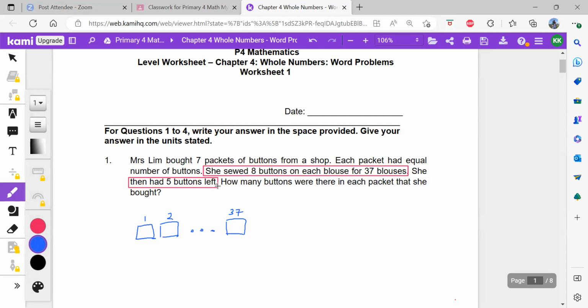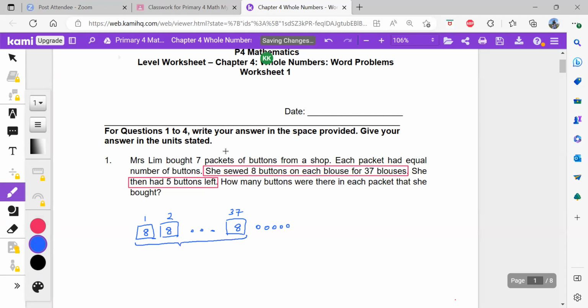And each blouse, I have 8 buttons. And after I had 8 buttons, I have 5 buttons left. 1, 2, 3, 4, 5. This is my leftover.